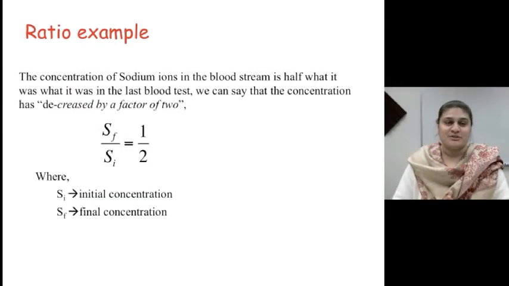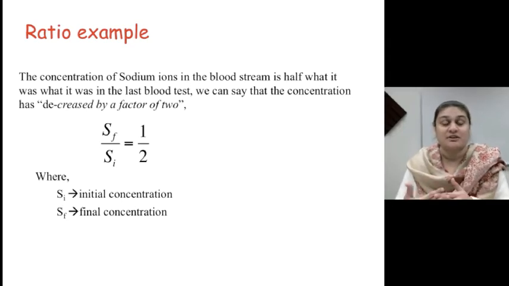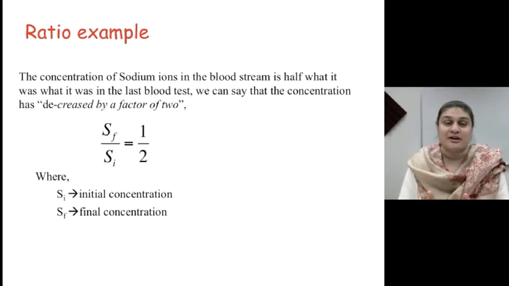As another ratio example, let's look at this factor. If the concentration of the sodium ion in the bloodstream is half of what it used to be when we did the last blood test, we can say that the concentration has decreased by a factor of 2. Mathematically, all of these words that we have just written on the above line can be expressed as a single term, SF over SI equals 1/2.